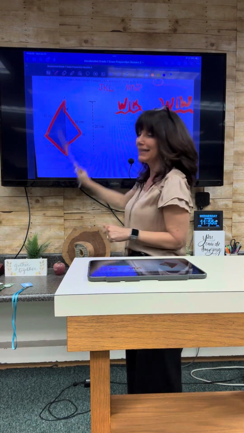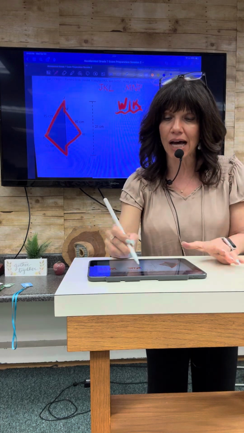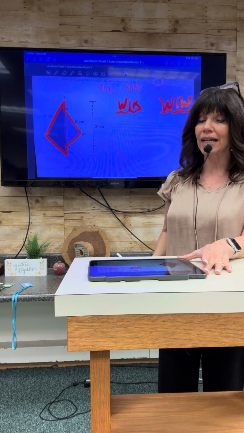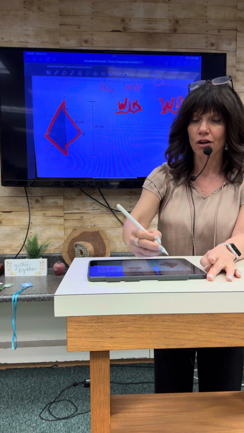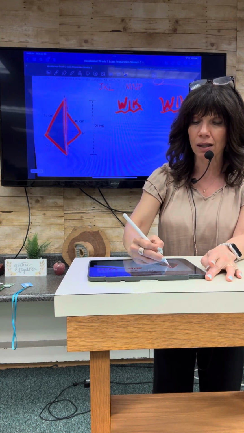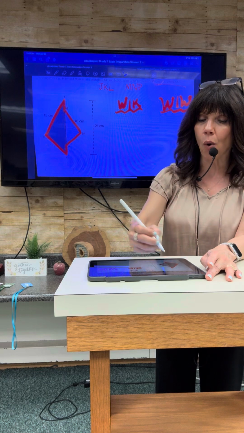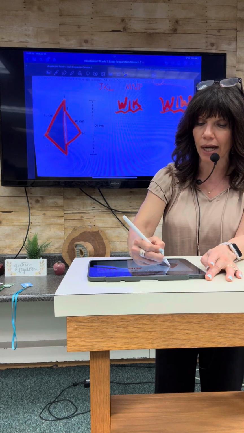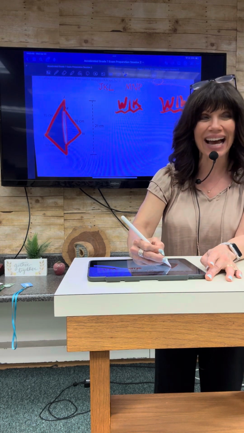Now, here's the tricky part. I only needed the distance for line MP so that I could take the distance for line JL and do what to get rid of the distance I don't want? Subtract.